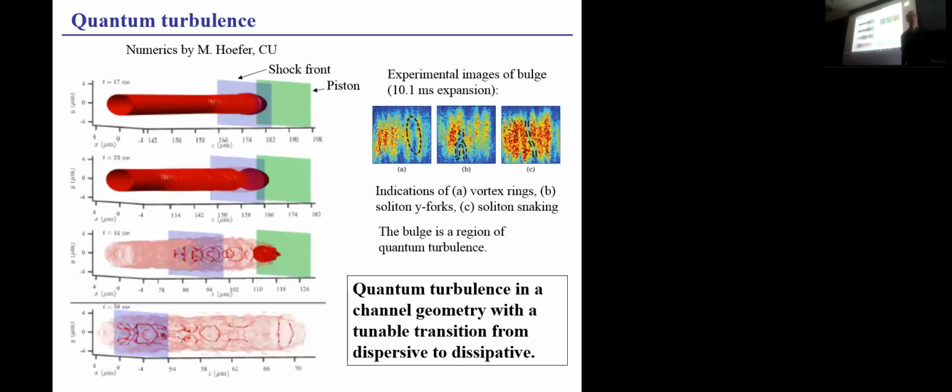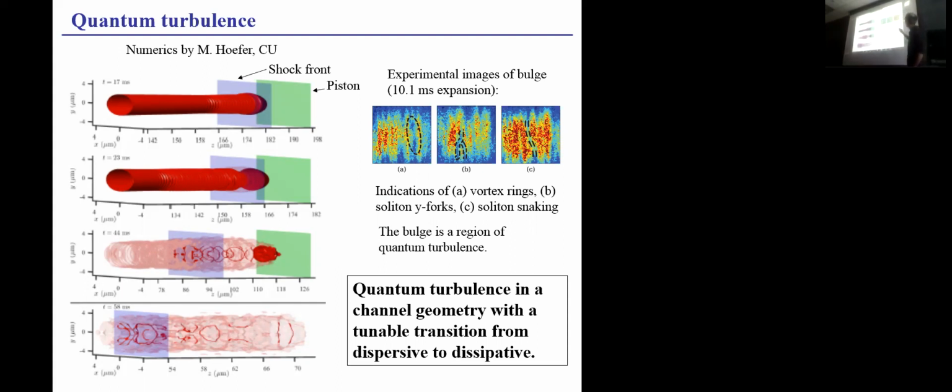Experimentally, we do have some indication for this vortex dynamics if we let the cloud just expand very long. Then we can see images like these. You need some experience to look at these images to see what you see. But in this case, for example, you've got two holes over here and a little tube going through there, which is indicative of a vortex swing seen from the side, where along these points up here and down here, you have a low density and then a fainter connection from the side.